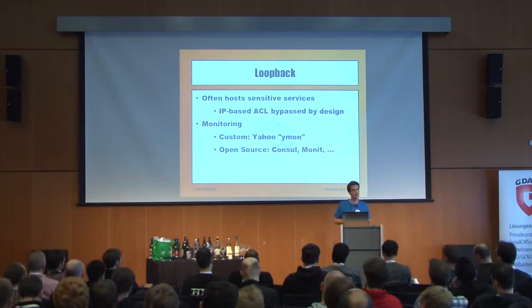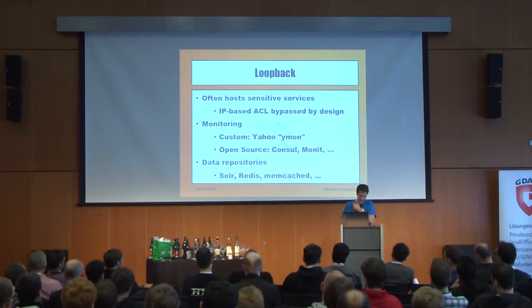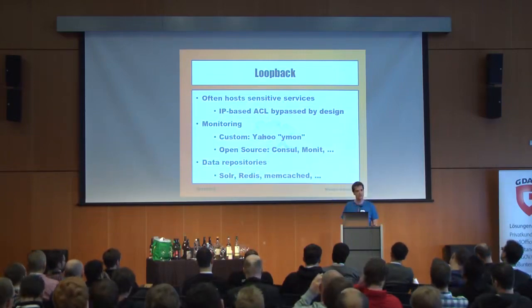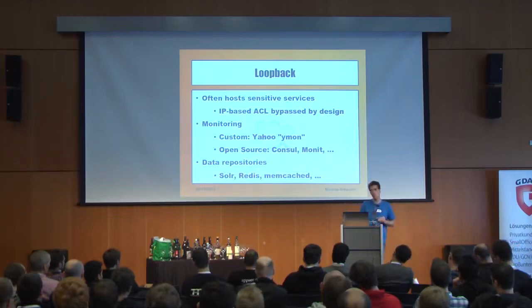Consul, which is orchestration software for cloud and large data centers. Monit, which is a monitoring tool. And given that you are on the backends, you have data repositories, everything from SQL databases, NoSQL databases, key-value stores, Solr, whatever. You just have to port scan and you will find some stuff.